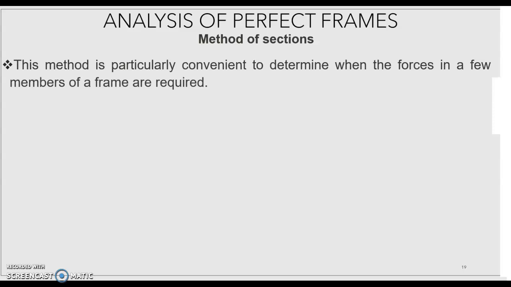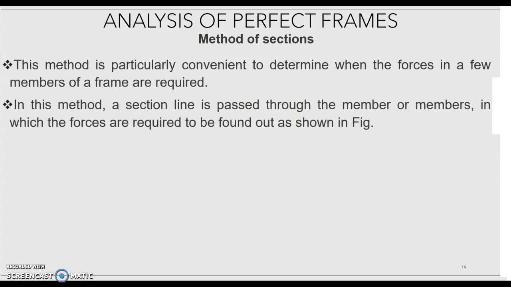Then the method of sections. This method is convenient to determine the force in a few members of the truss. In this method, the section line passes through the member or members in which the forces are required to be found. For example, in this triangle truss, if we need the force in members AB and BC, then take section 1.